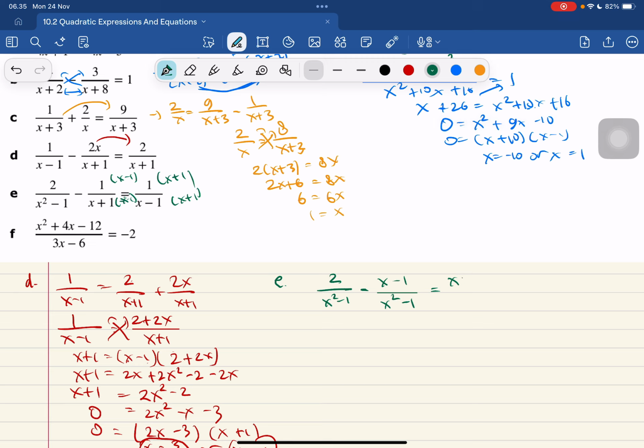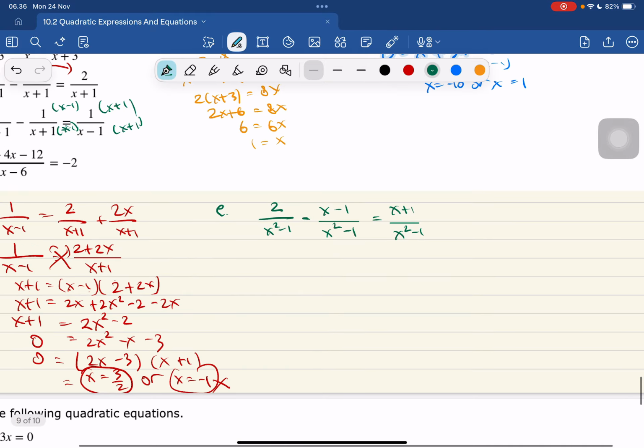So this is (x plus 1) over (x squared minus 1). Okay, let's proceed. So this is going to be 2 minus (x minus 1), which is 3 minus x, over (x squared minus 1), equal to (x plus 1) over (x squared minus 1).